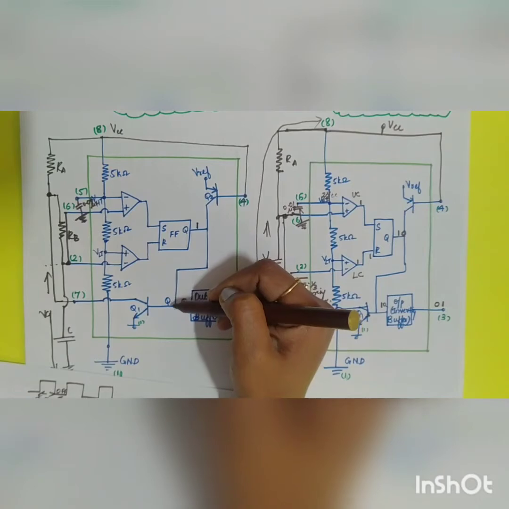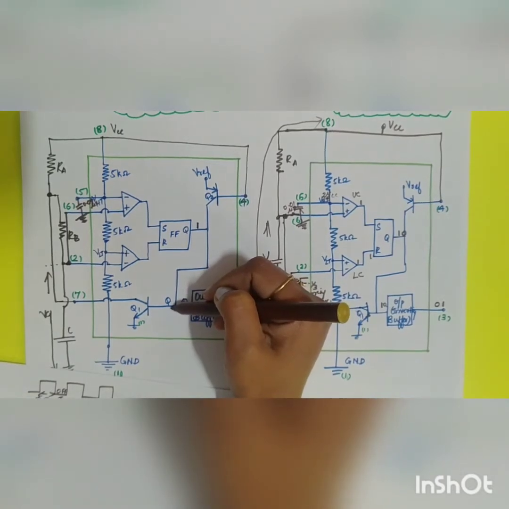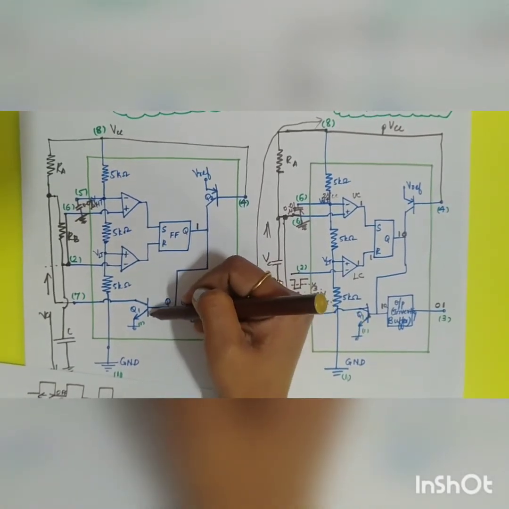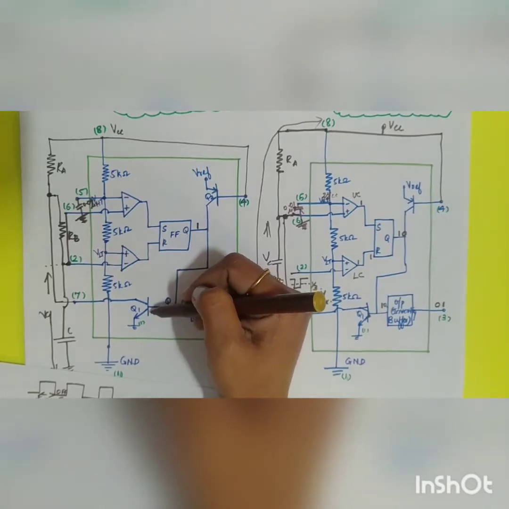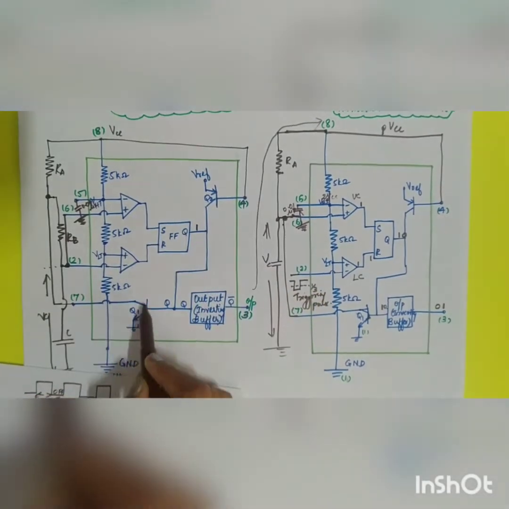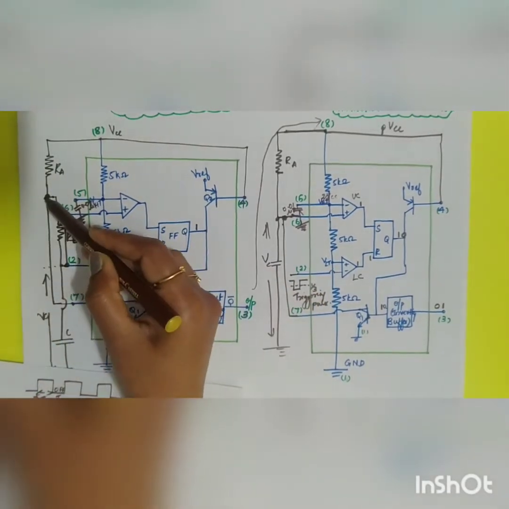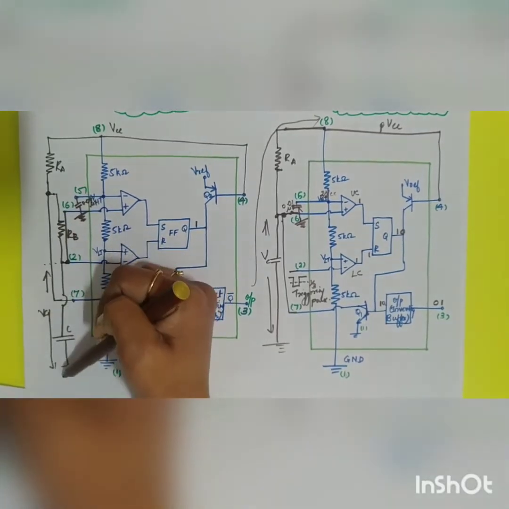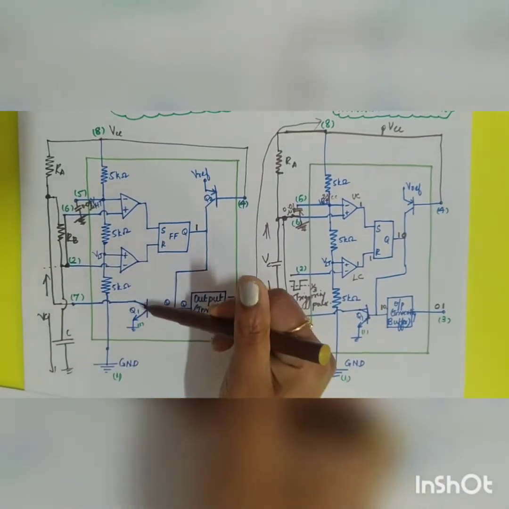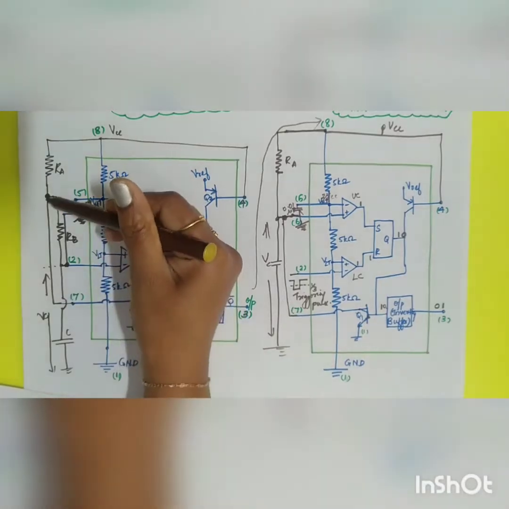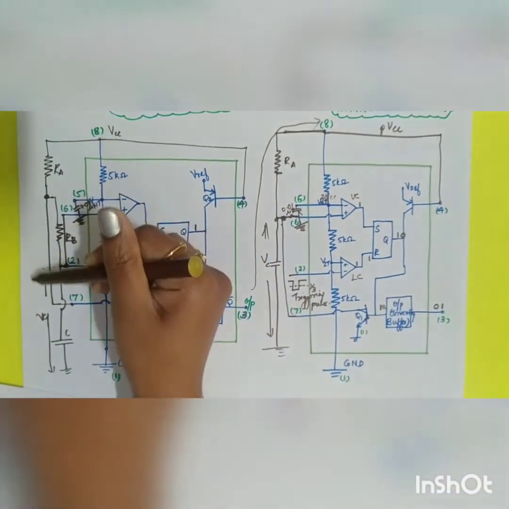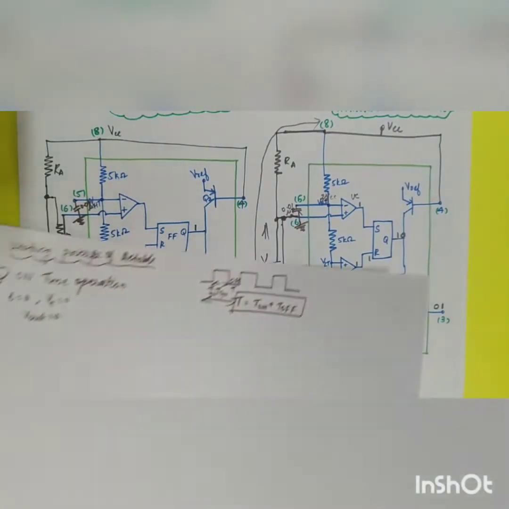When Q is equal to 1, what will happen to your transistor? As we have seen in the previous video, the transistor will be on. When the transistor is on, it will be acting as a short circuit, so the capacitor will be discharging towards your ground. When this 7th pin is on, your capacitor will be acting as a short and it will discharge. That's why you have VC is equal to 0.